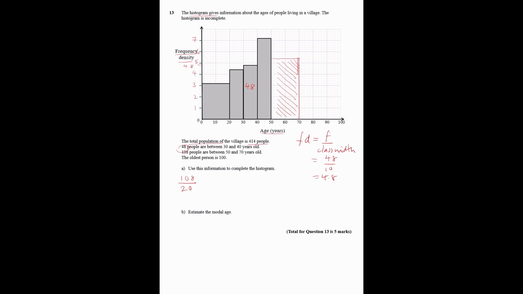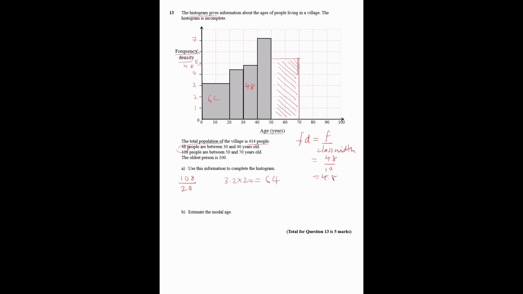3.2 times 20. So we calculate this. 3.2 times 20 equals 64.